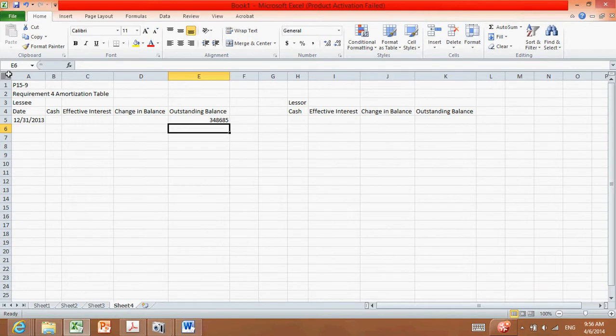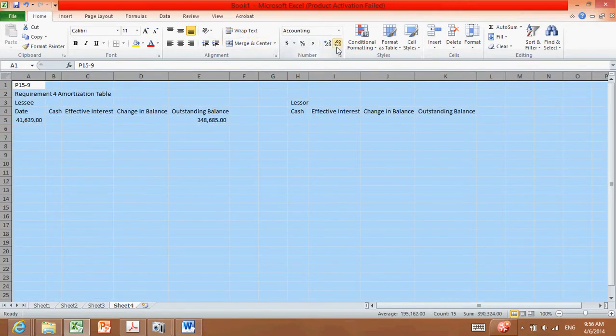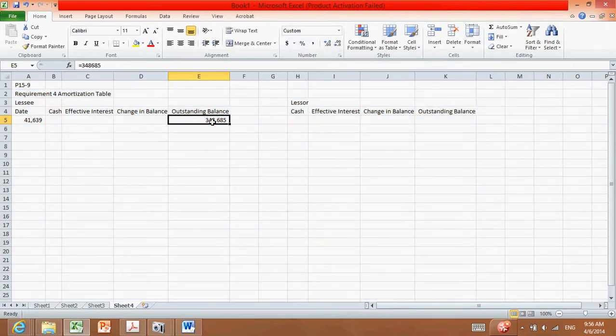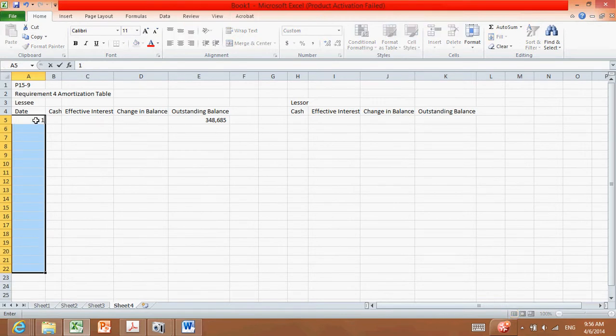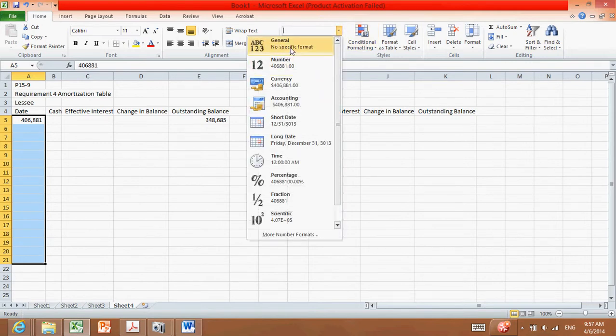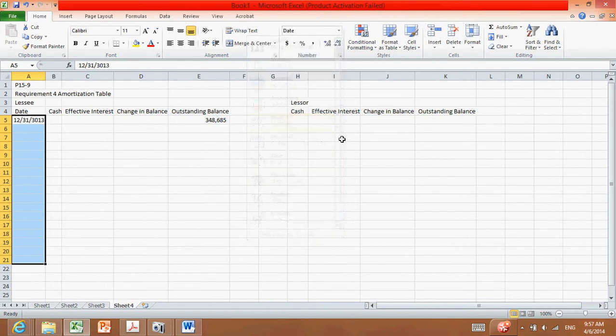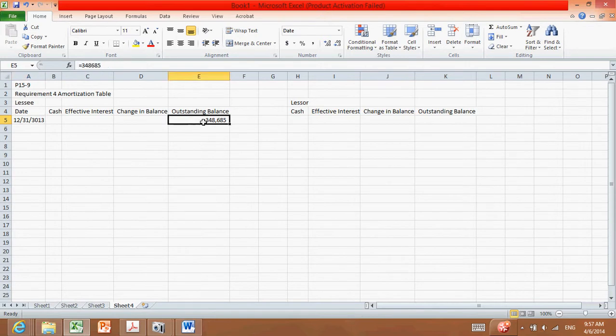I want all my numbers to be rounded to $1. Change this as the date. So on this date, the beginning balance for the lessee is this amount. The beginning balance for the lessor is the full price, 365,760.